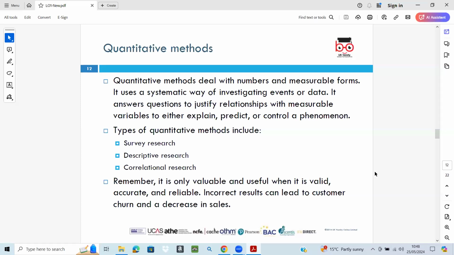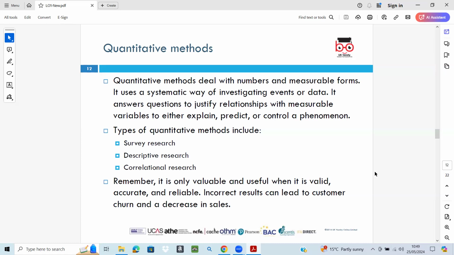And if we discuss qualitative data, then we have data in quality, in expression, as we discussed earlier. So now we discuss the quantitative research.